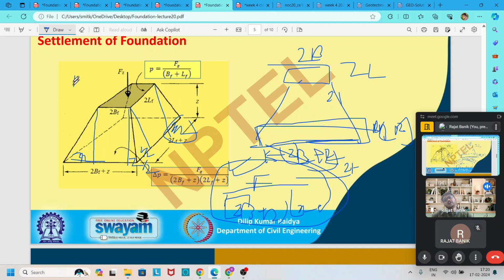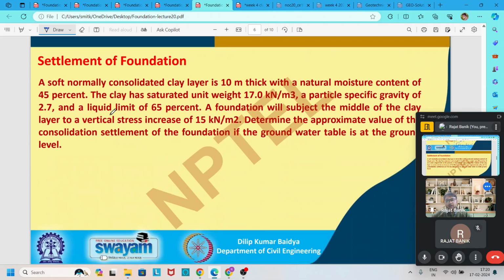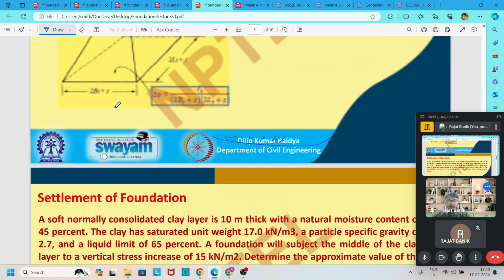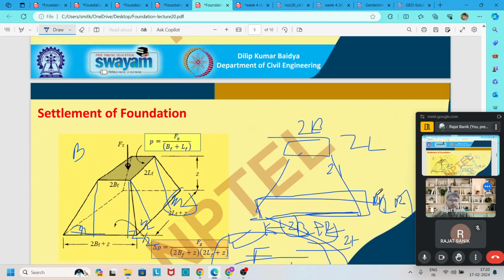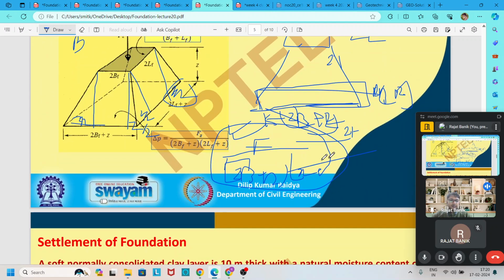So it is for rectangular and square footing, but in case of strip footing, one term gets cancelled and it becomes F by (2B plus Z), because in strip footing L is much greater than B.